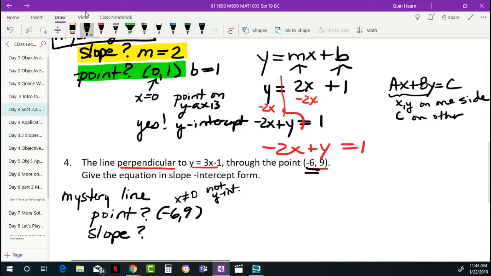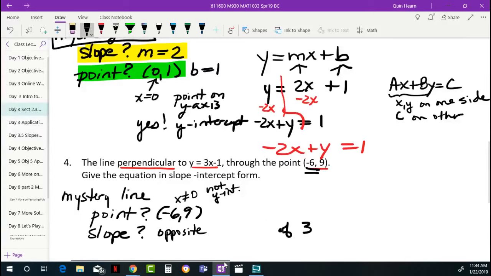Well, they're telling us that our mystery line is perpendicular to y equals 3x minus 1. So we need the opposite reciprocal of 3, right? Because if our line is meeting that line at a 90-degree angle, its slope must be an opposite reciprocal. I'm sorry, you can't read that word very well.